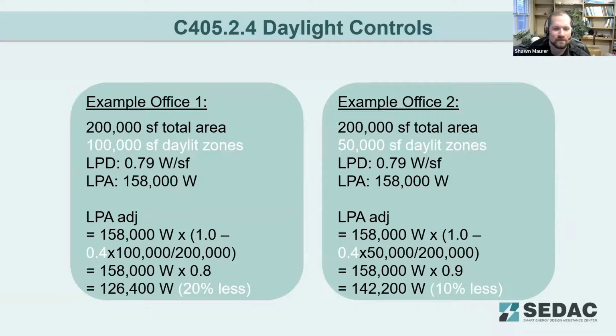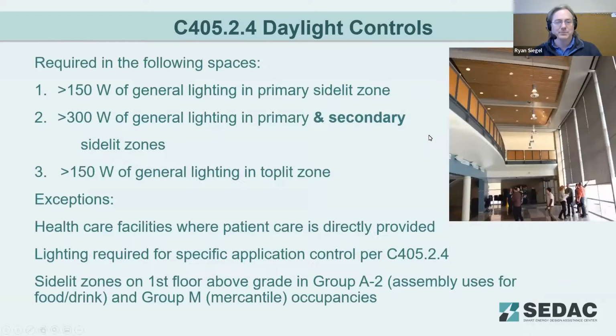So I'll turn it over to Ryan to go through a little more detail on the daylighting controls in the next few sections. All right. So daylight controls, this is where, if you don't take advantage of that exception, then you've got to know where the triggers are. First, this was another substantial change.